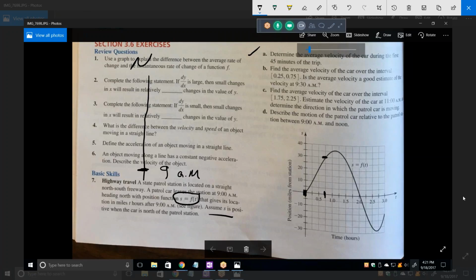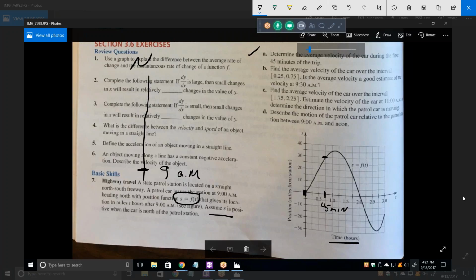First of all, you see why that's the 45-minute mark? Because that's in hours. So the 45-minute mark is the 3/4 hash mark. In other words, from 0 to 45 minutes, he goes 30 miles.